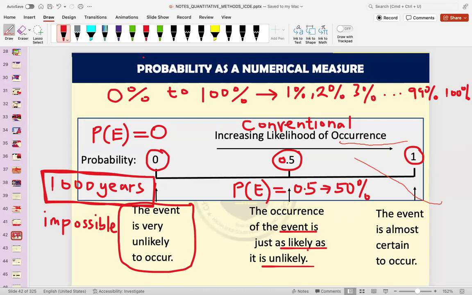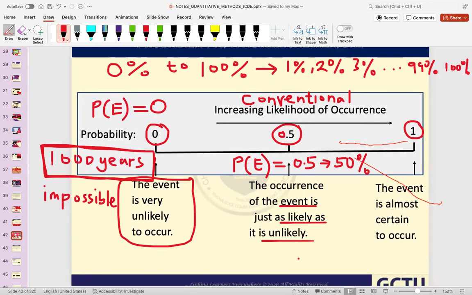It is likely or it is unlikely. These are the two situations that the possibility is 50-50.